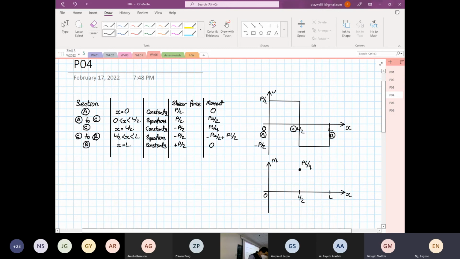If we look at our function, Px over 2 means it is a positive slope going up, and on the other side it is a negative slope. And when x is equal to L, it will end up being 0.